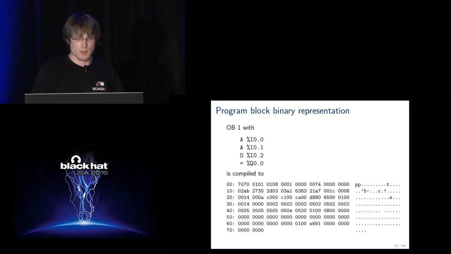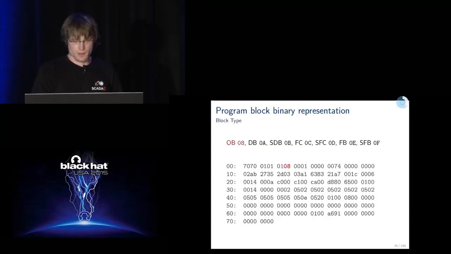So let's say we have an OB1 with the STL instructions we saw in the previous slides, and this is compiled to this binary block we see here in the hex dump. Let's take a look at the interesting values we can find here. The sixth byte of this binary is the block type. In this case, it's an OB.